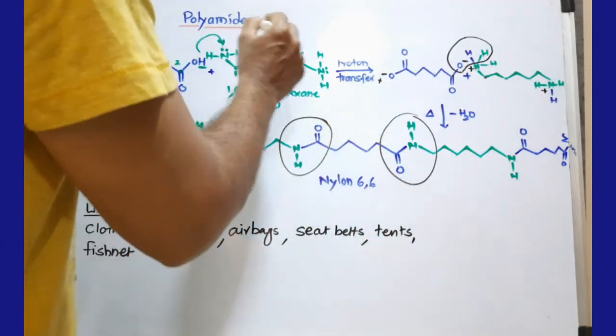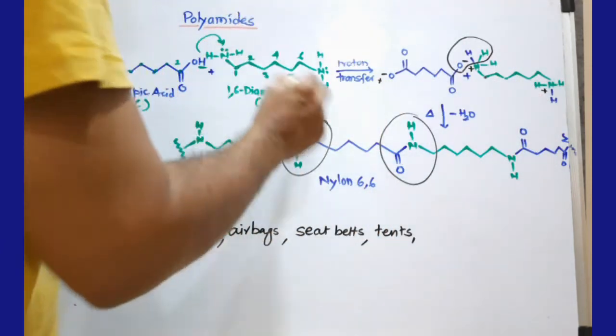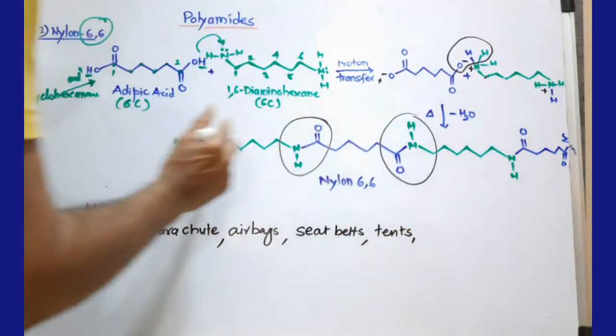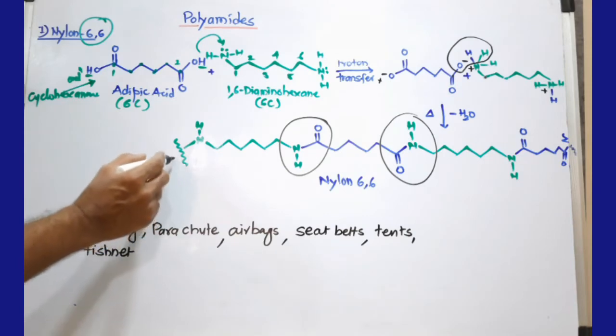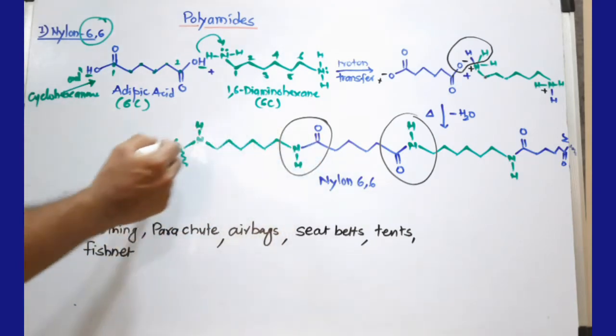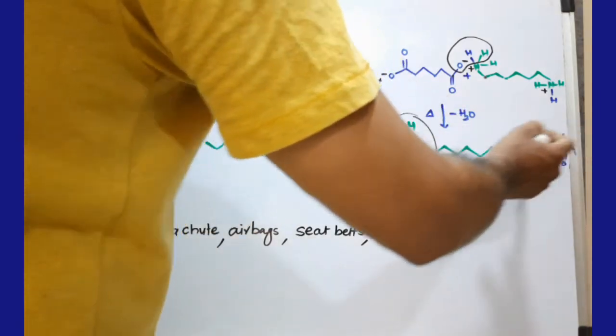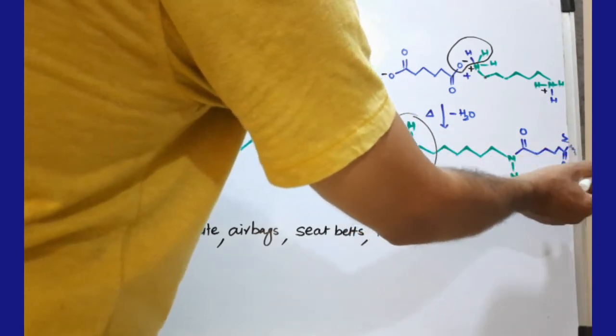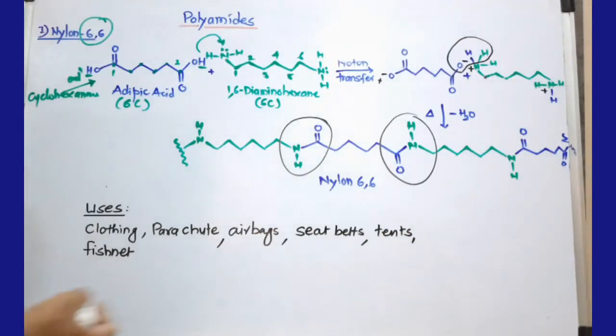So this is called polyamide, poly and amides. This zigzag line means you can repeat that portion again, after green, blue, and after blue, green. Due to lack of space, I have written a zigzag, meaning that portion is repeated.